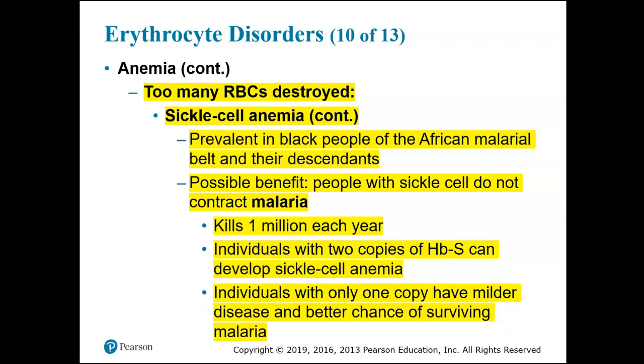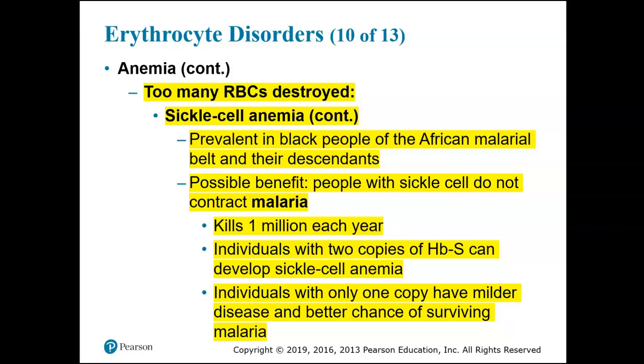The most common race that tends to have sickle cell anemia are Black people of the African malarial belt and their descendants. The reason is because there is a possible benefit to people who have sickle cell or who even carry the sickle cell trait, even if they're just carriers of the trait and they don't actually have it.